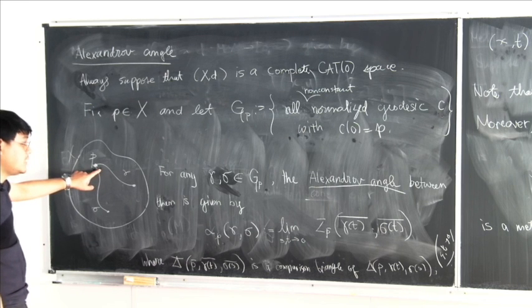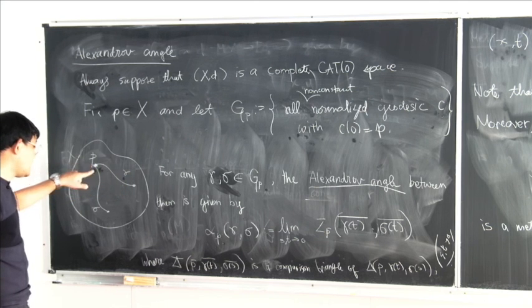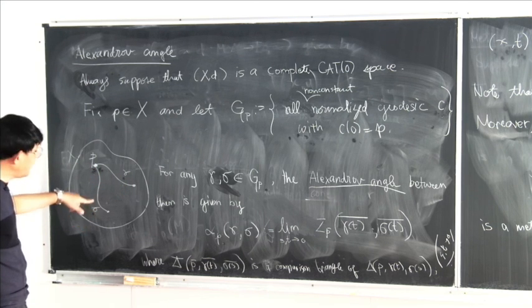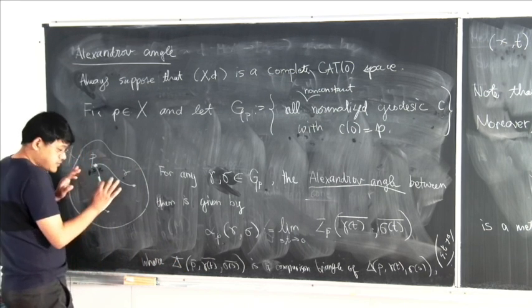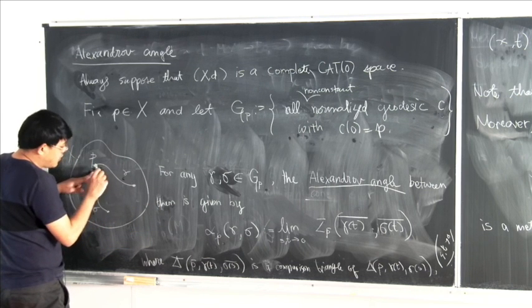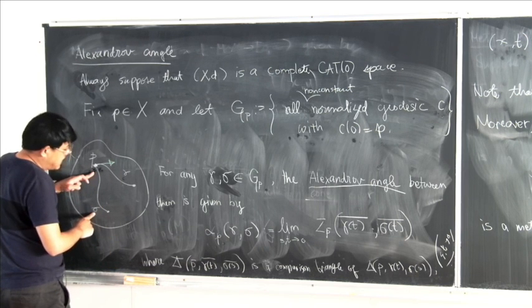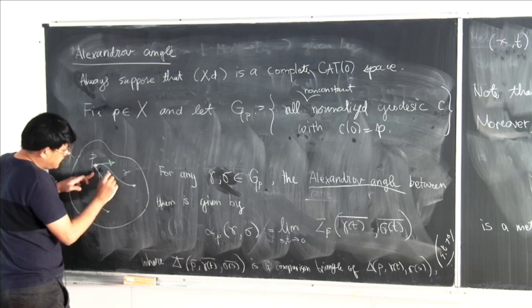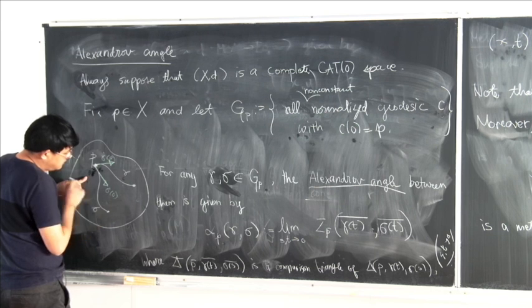How to define it? If you are on a manifold, what you will do here is you take the derivative of gamma at 0. You take the derivative of sigma at 0. Suppose this is a manifold first, okay? So you take the derivative of gamma at 0, you get a vector. You take the derivative of sigma at 0, you get another vector, sigma dot 0.